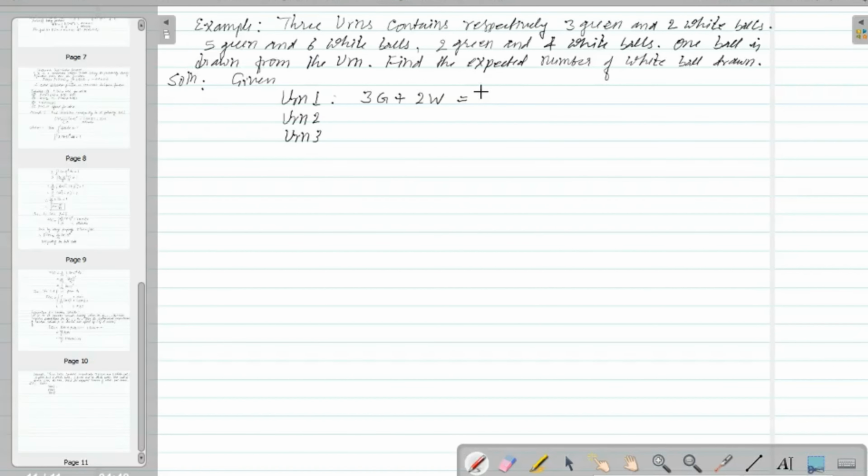That is 3 plus 2, 5 balls given in total.